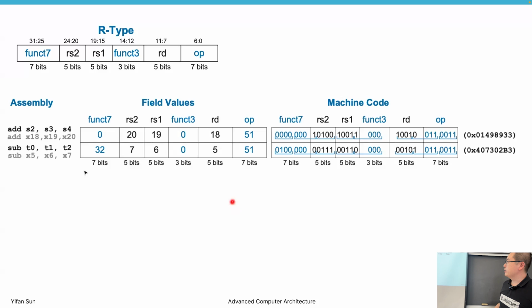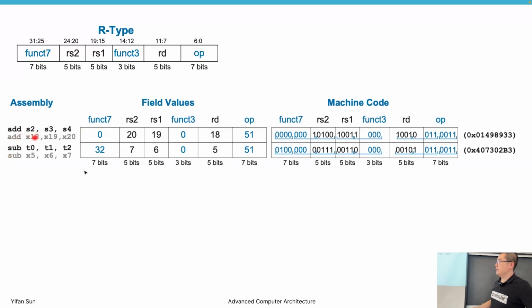right? Then we need to look at what is RD, what is RS1, and RS2. We know those are 5-bit numbers. When we have 5 bits, how many registers can we encode? We can encode 32, right? So at maximum it is 32. Remember last time we were talking about the registers, and they have 2 different names.